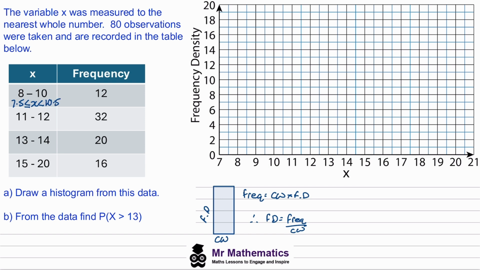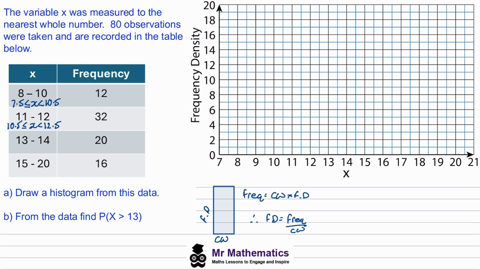So what this is telling you, if a value of x is greater than or equal to 7.5, but less than 10.5, then we count it in this class. Because to the nearest whole number, it would round to between 8 and 10. So in our second class, we're looking at the values of x that are greater than or equal to 10.5. Notice here that it can't be equal to, but here it can, or less than 12.5.